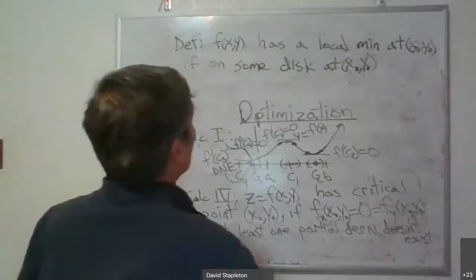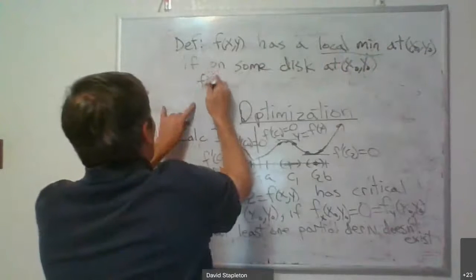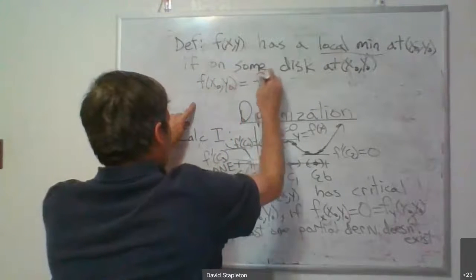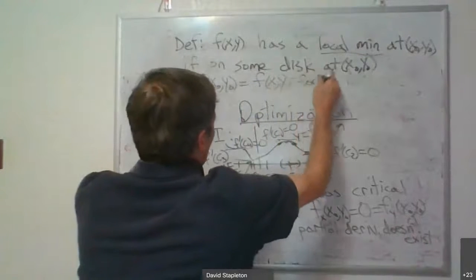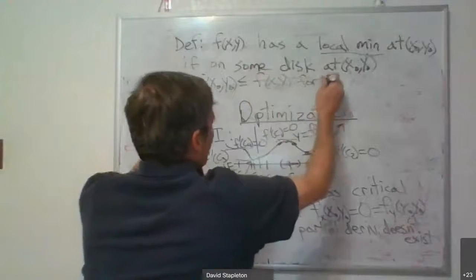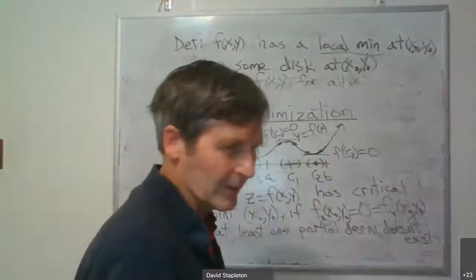Same criterion. F at that point is less than or equal to f at x, y for all x, y on the disk, including that point. So this is less than or equal to f of x, y for all points on the disk.